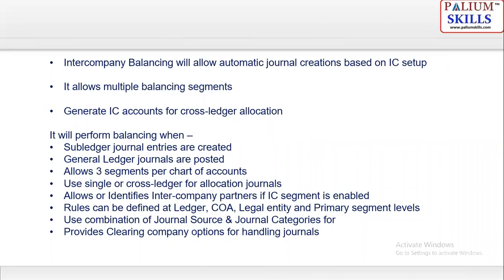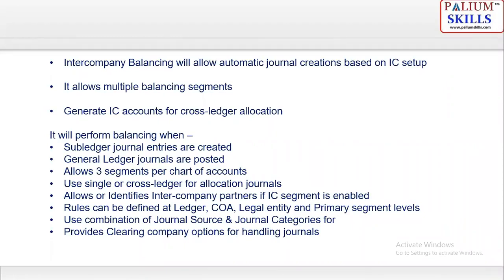So, Saurabh, what is a balancing segment? What do you mean by balancing segment? Balancing segment means, as we know in journals, the concept is that journals have to be balanced, right? So debit and credit have to be equal. Now, at what level will the total of the debit and the total of the credit be equal?